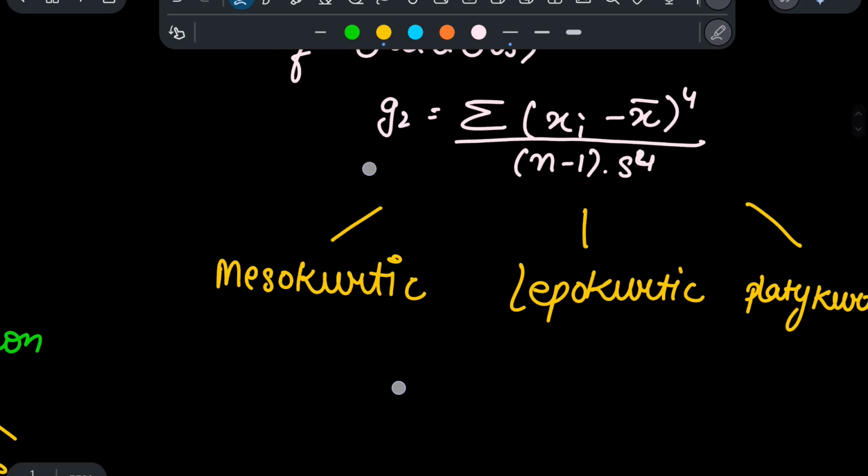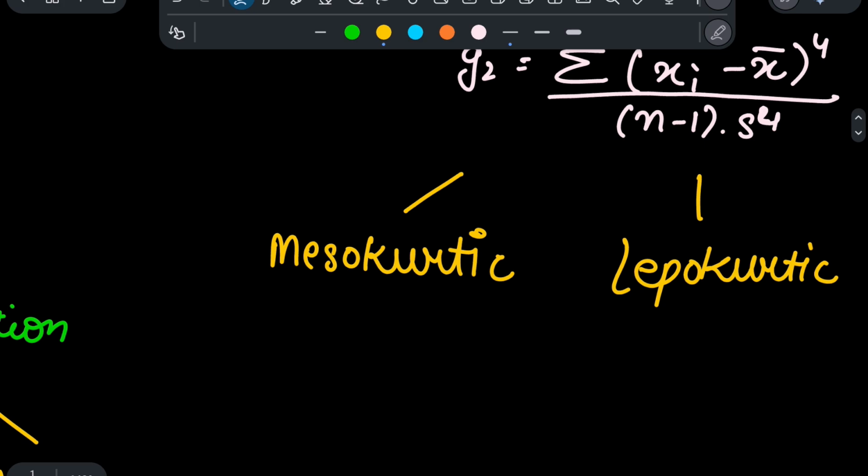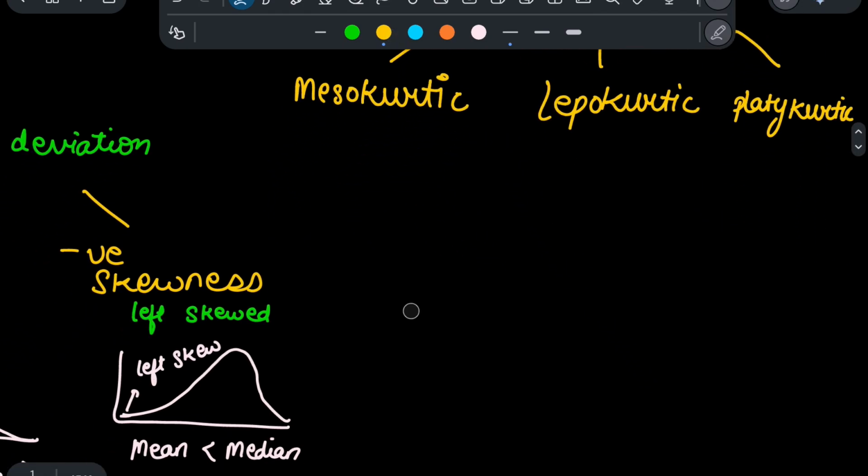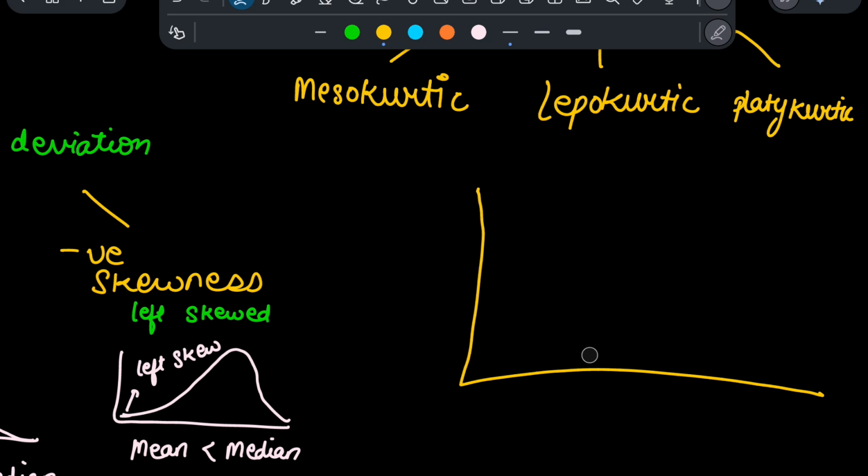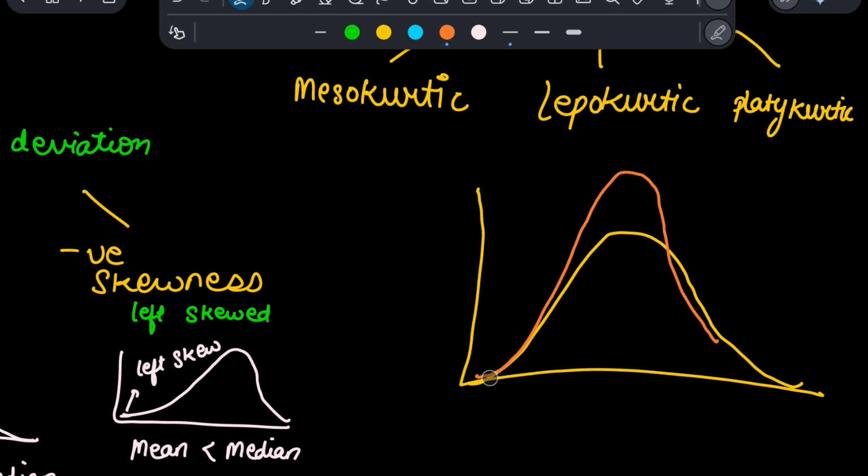Talking about the mesokurtic kurtosis first, it's a standard bell-shaped curve. Let me show you with an example. For example, we have a graph like this. This is our mesokurtic distribution, above it is our leptokurtic distribution, and below it is our platykurtic distribution.